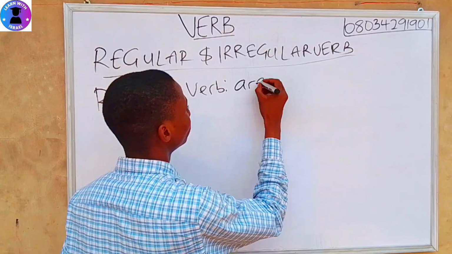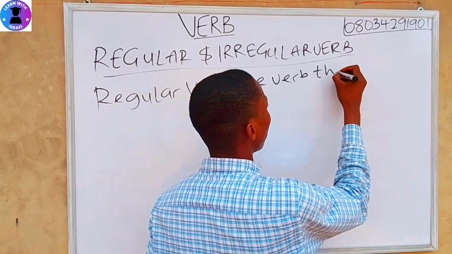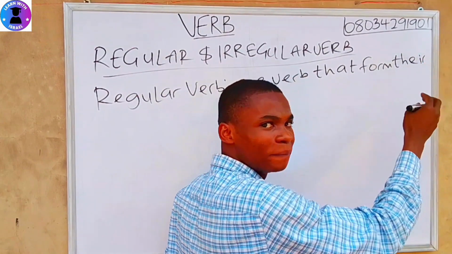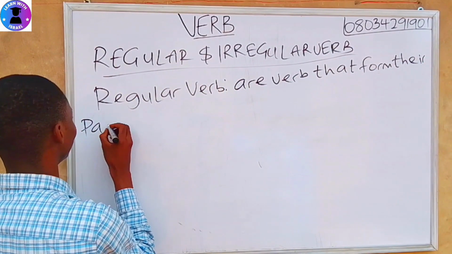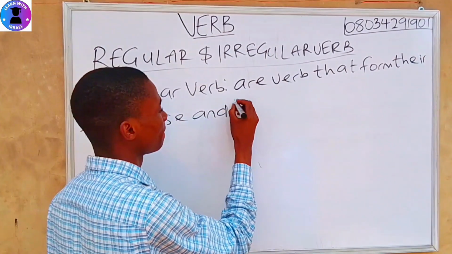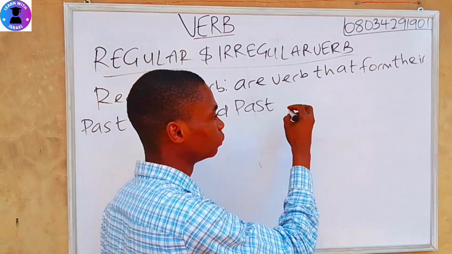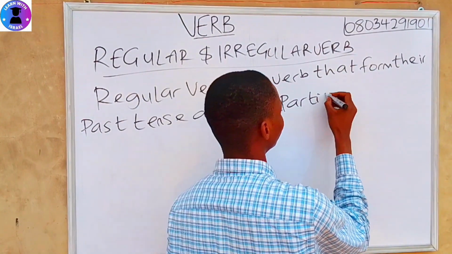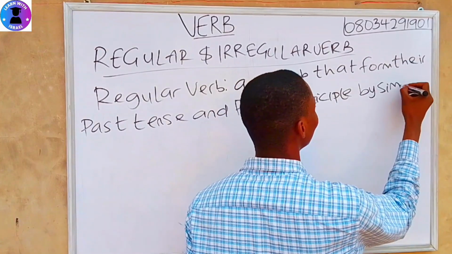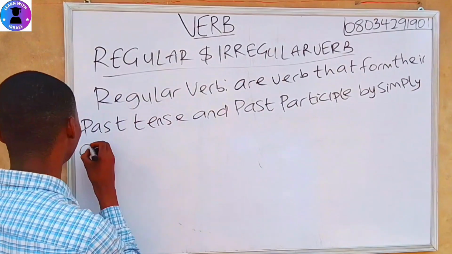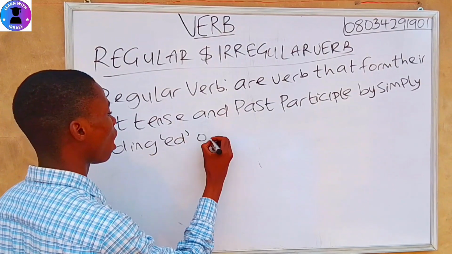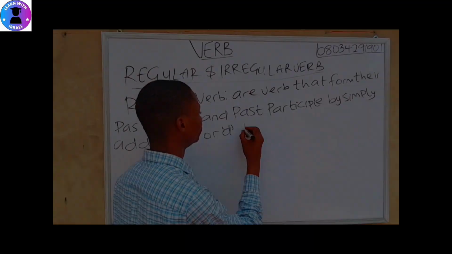Regular verbs are verbs that form their past tense and past participle by simply adding ed or d to the base form.